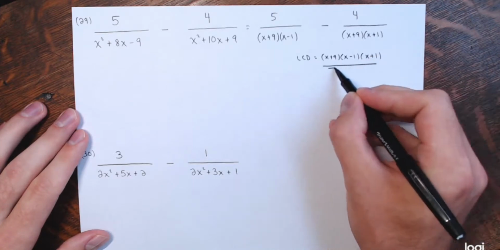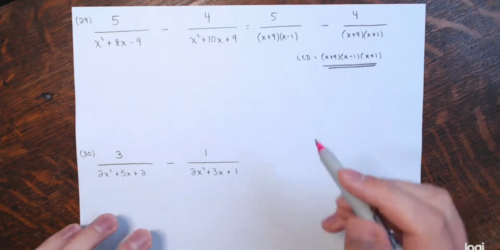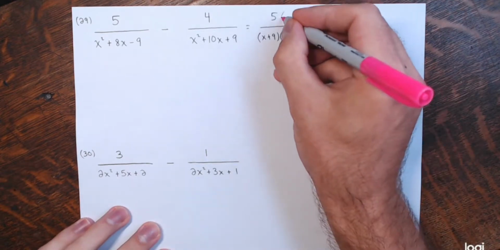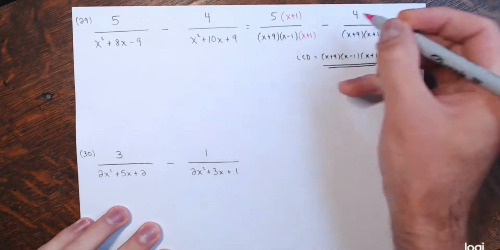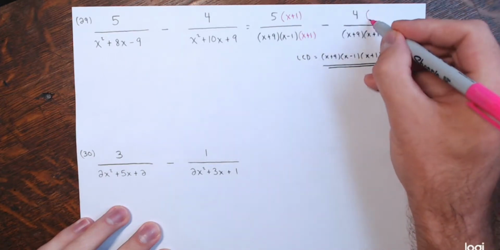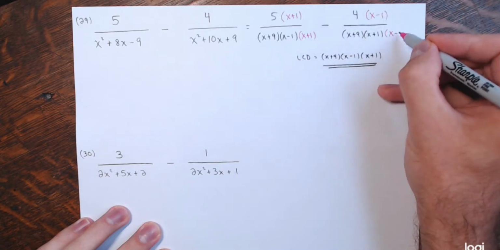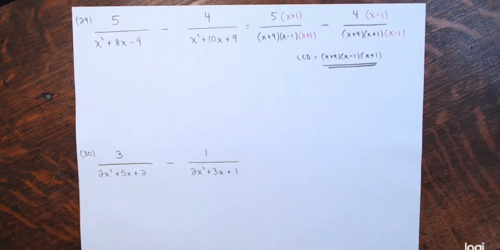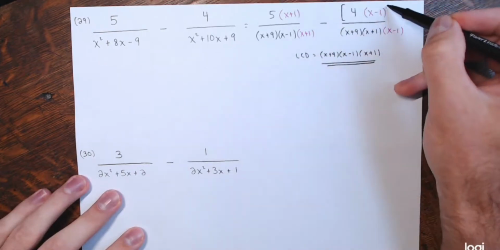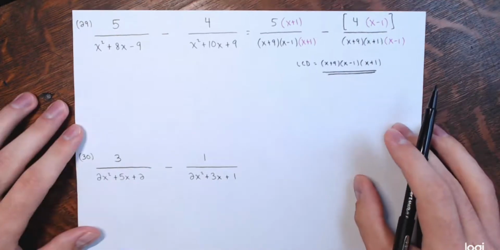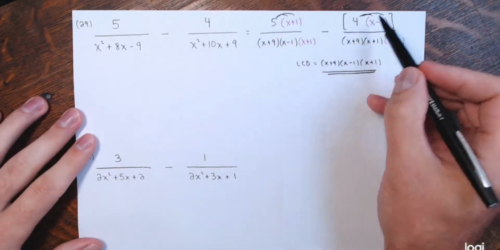All right, so I'm trying to make both denominators look like that. So for the first fraction, I'd have to multiply the numerator and denominator by the quantity x plus 1. For the second fraction, I'd have to multiply the numerator and denominator by the quantity x minus 1. And don't forget, we're subtracting all of that second numerator. So I'll distribute the 5 here, distribute the 4 here, and then subtract both terms.